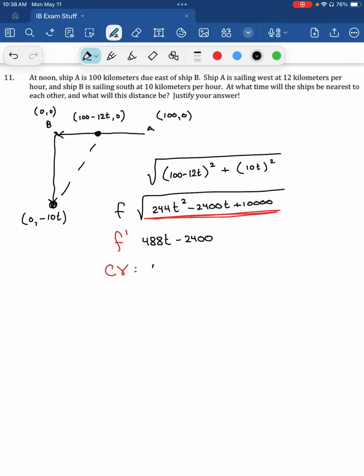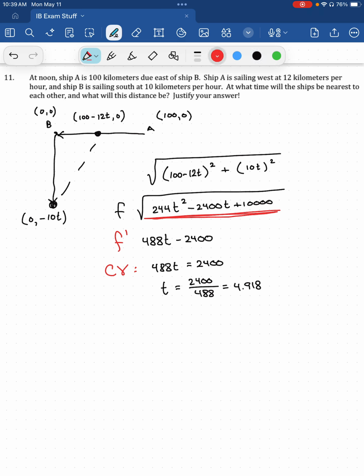Well, it's 0 when 488t equals 2400. Well, that happens when t is equal to 2400 over 488, which when you reduce that is approximately 4.918. So that's my t value.